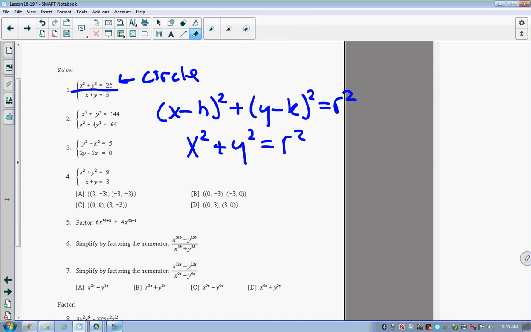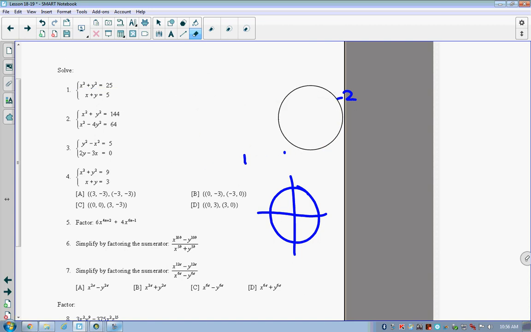Great. So that's the first equation on a coordinate plane. Now we have to determine what the second equation is. The second equation is the equation of a line. It's just not in slope-intercept form. It's x plus y equals 5. We could easily rewrite that as y equals negative x plus 5, correct?